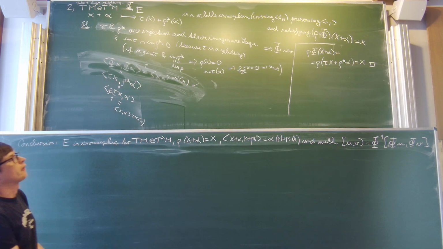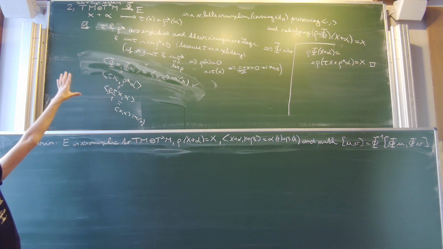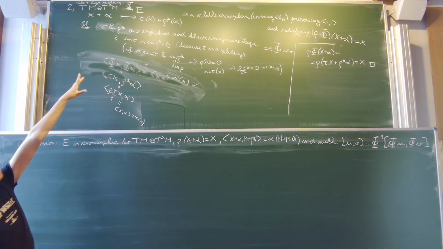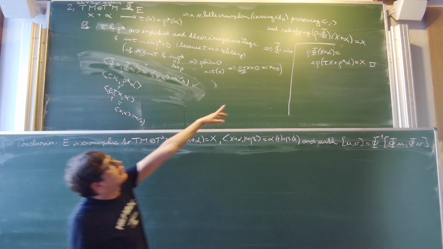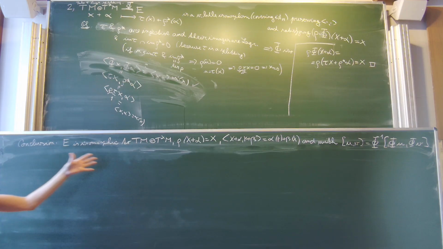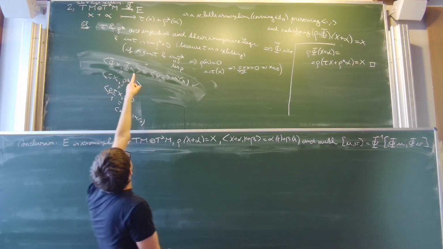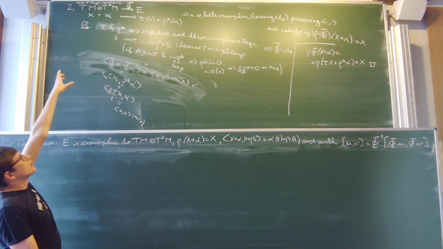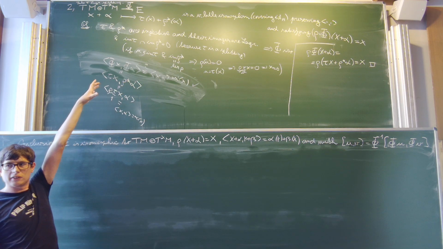Okay, so what happened here? I'm saying that now we build an isomorphism between our Courant algebroid, seen as a vector bundle, and that vector bundle. Using that isomorphism, both the anchor map and the pairing match. So this is kind of a trivial statement. If I use the isomorphism to bring the brackets on E to the brackets on T plus T star, then that will give me a Courant algebroid.